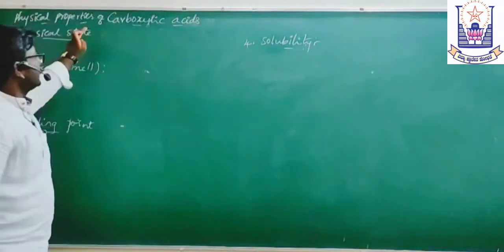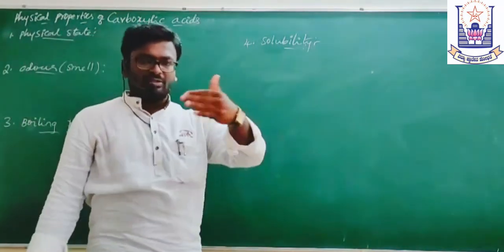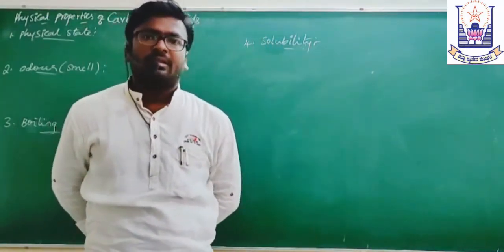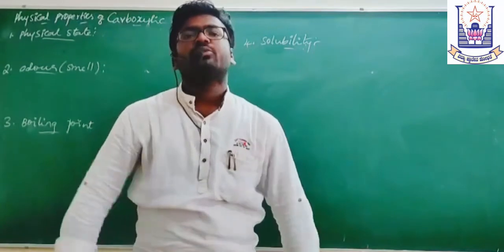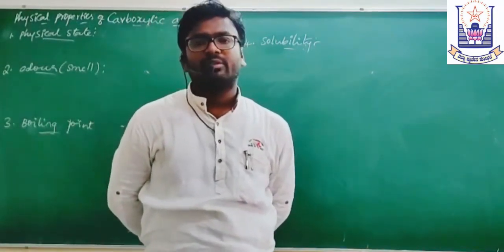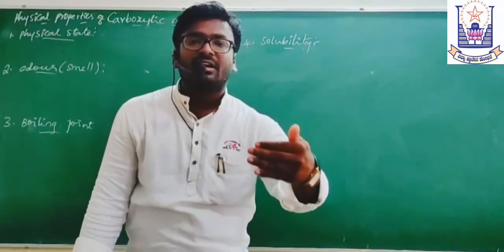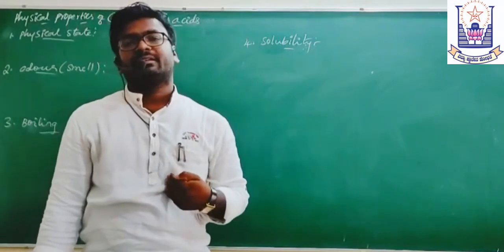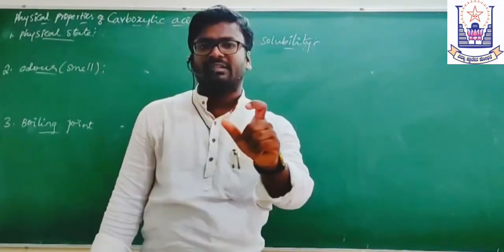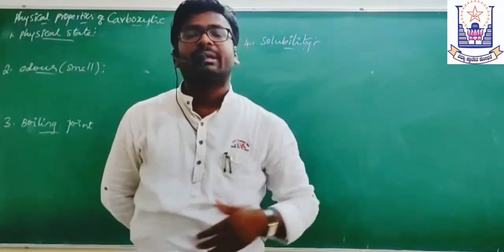Here, when it comes to the physical property, the carboxylic acids are polar and will undergo association together, whose boiling point is also high when compared to the other classes of organic compounds. That is why these will start from the liquid state. For example, the simple carboxylic acid, formic acid containing one carbon, is also a liquid at room temperature.